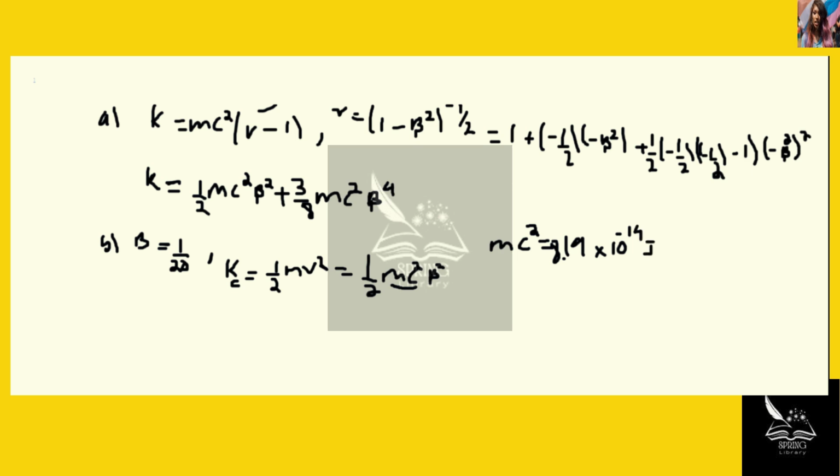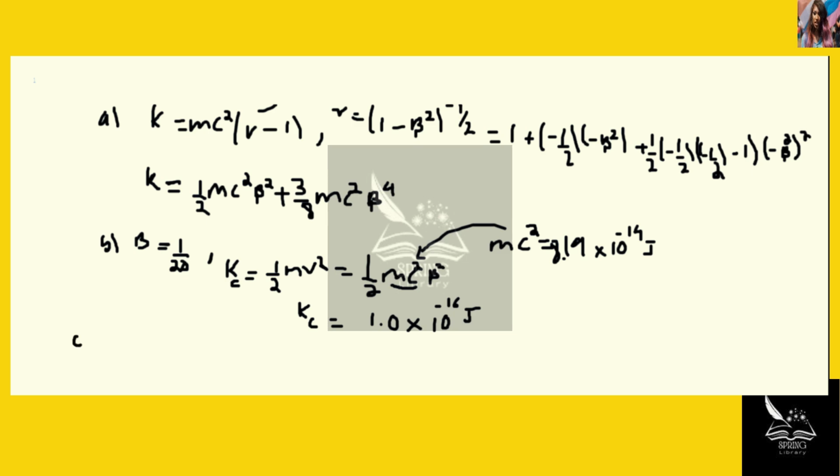So electron rest mass energy is 8.19 times 10 to the power minus 14 joules. If I plug this value here and the value of beta, which is 1 over 20, then the classical kinetic energy I get for electron is 1.0 times 10 to the power minus 16 joules. This is the classical kinetic energy.